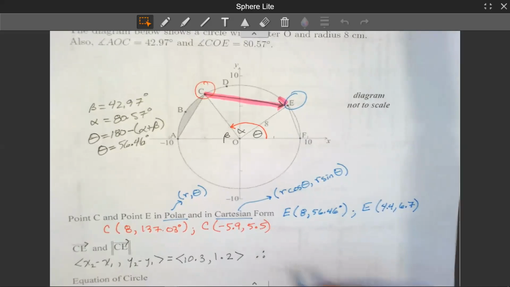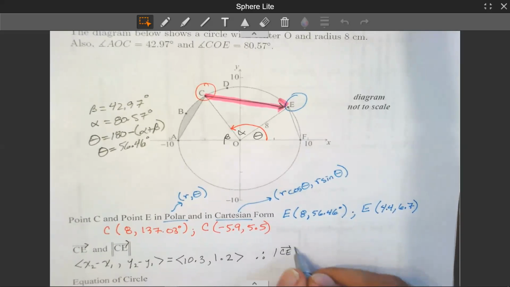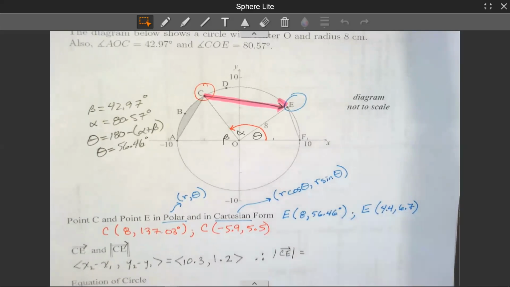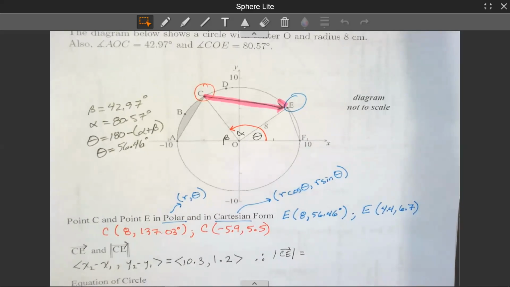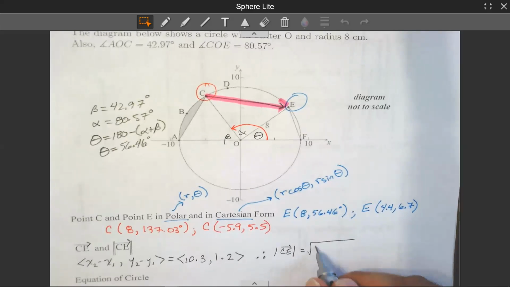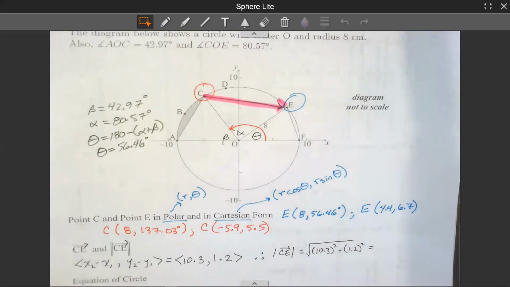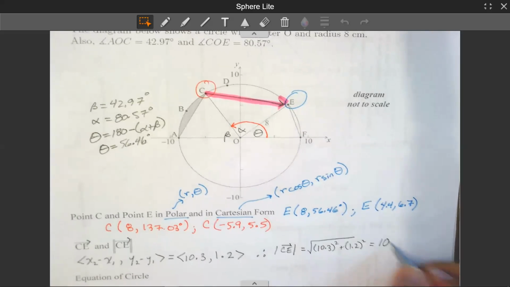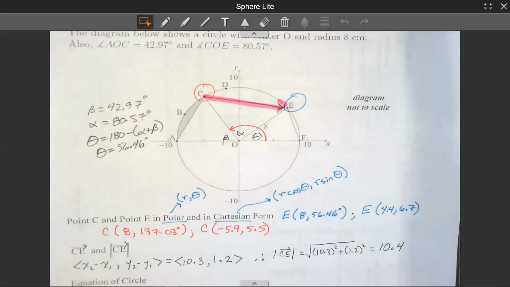And so our magnitude of C to E, and whether you see it with double bars or a single bar, it means the same thing for our purposes. We're going to have the square root of 10.3 squared plus 1.2 squared. And if we put that into our calculator, we would get 10.4.